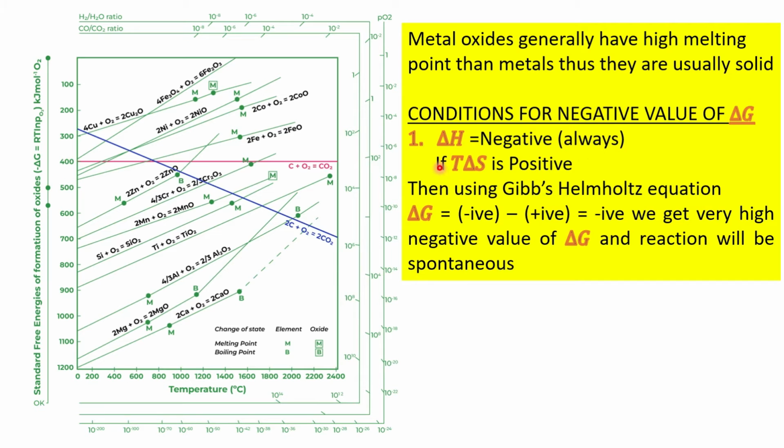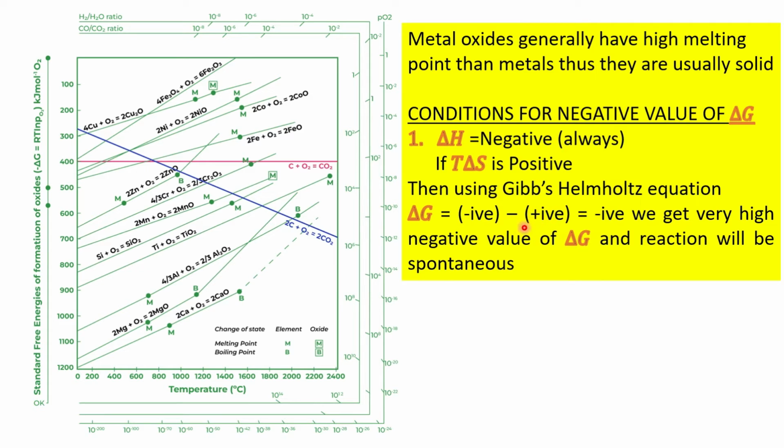And suppose in the second way your T delta S is positive. Now say this T delta S is positive. So what we can do, we can put this negative value and this positive value of T delta S in the Gibbs-Helmholtz equation in order to get the final expression. So delta G equals delta H minus T delta S, where delta H is negative and this parameter T delta S is positive, so I am writing positive here.